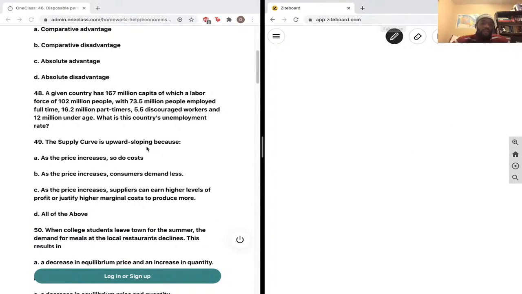Question 48. Given a country has 167 million, so let's just write this down as we go.